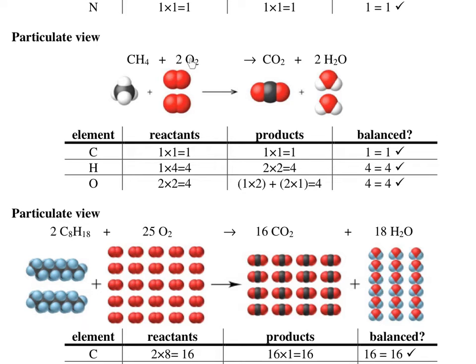Oxygen has 4 atoms of oxygen in our reactants, and 1, 2, 3, 4 in the products. 2 in CO2 and 1 each from each of the 2 waters. So thus we see our chemical equation is balanced. That we have the same number and type of atoms on the reactants as we have in the products.